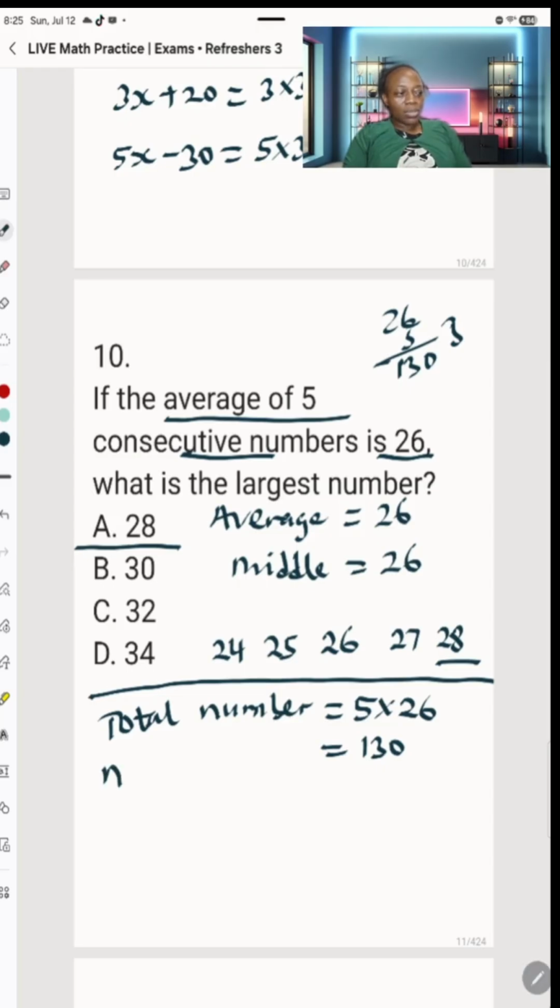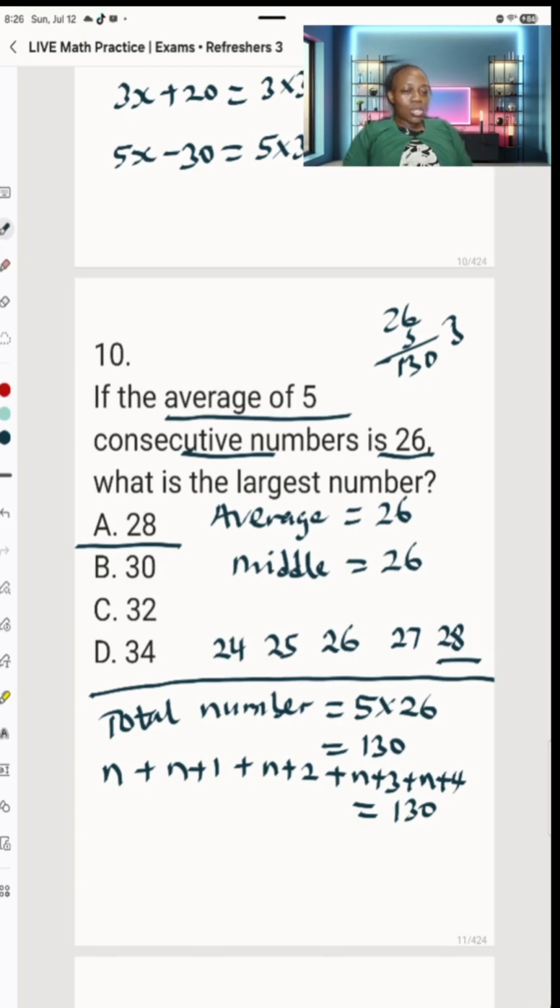I will say let n be the first one, then that will be n plus n plus 1 plus n plus 2 plus n plus 3 plus n plus 4. 1, 2, 3, 4, 5. So that will be equal to 130. Then we can find n. That means you can find the first number.